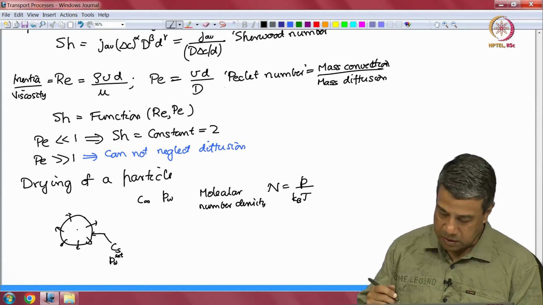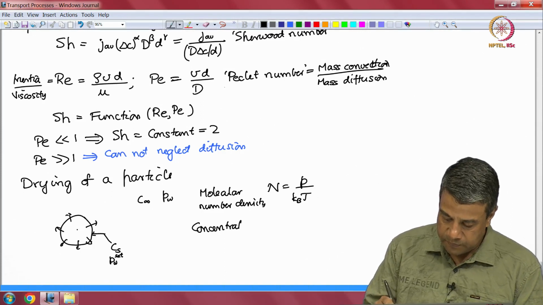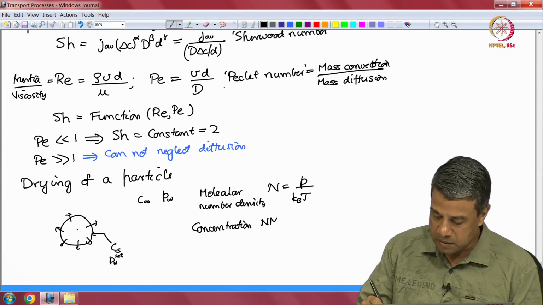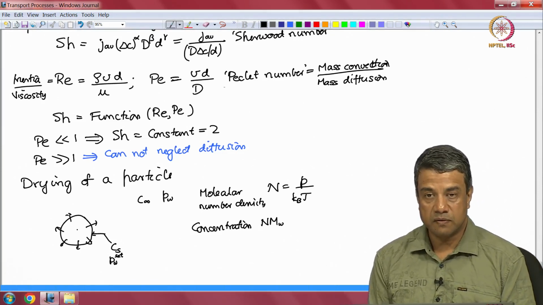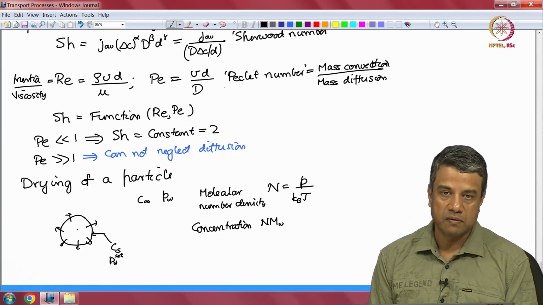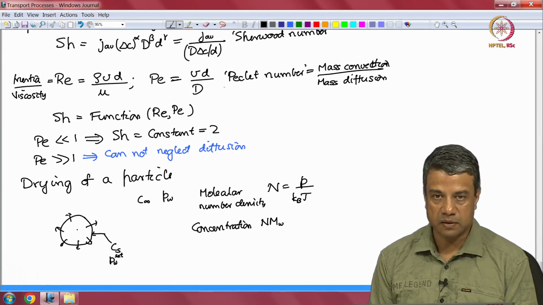The concentration is equal to the number of moles per unit volume times the molecular weight. That is, the number of molecules per unit volume times the weight of one molecule, or the number of moles per unit volume times the weight of one mole. Either of those can be used.